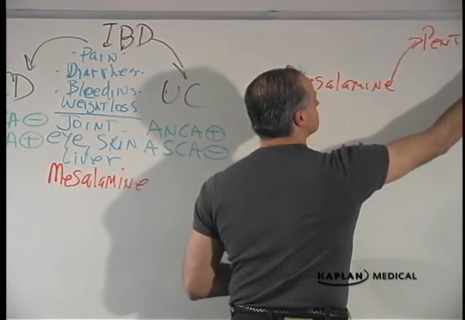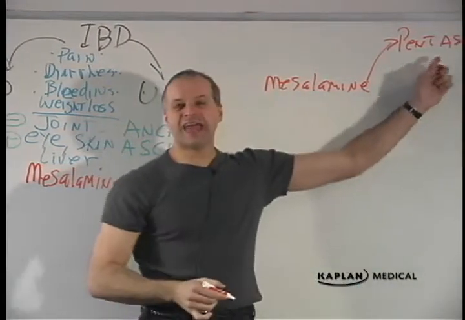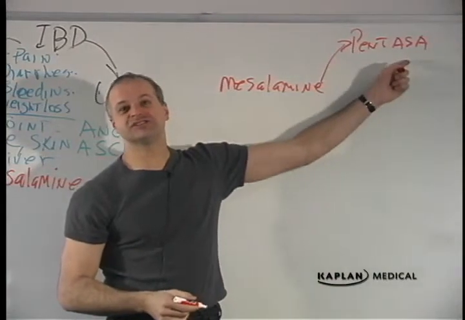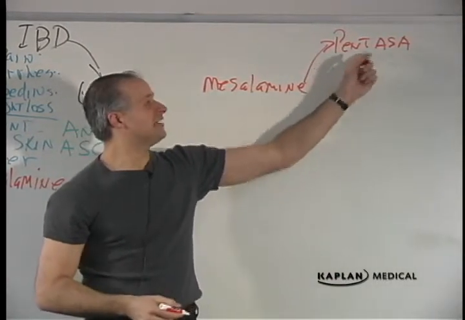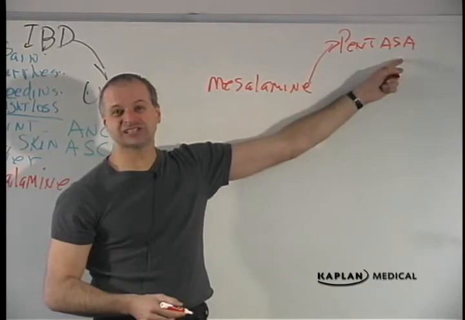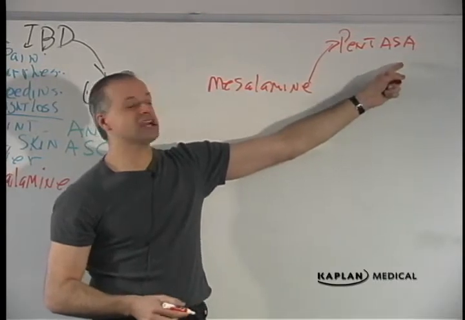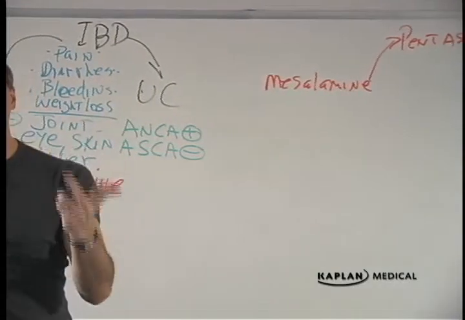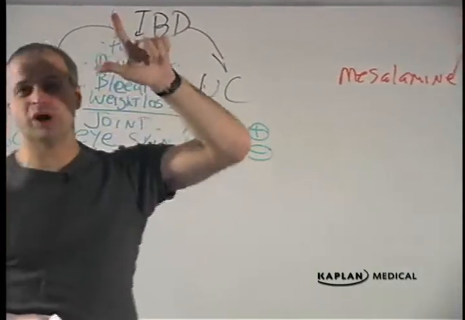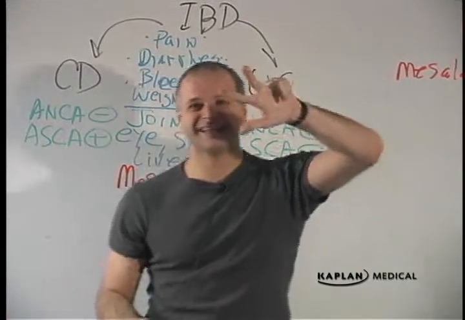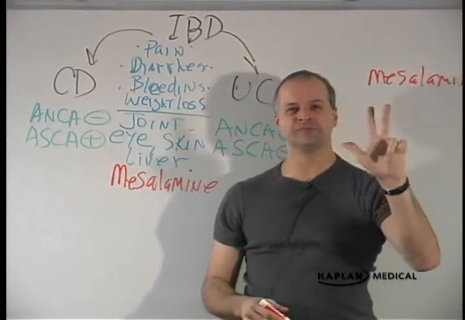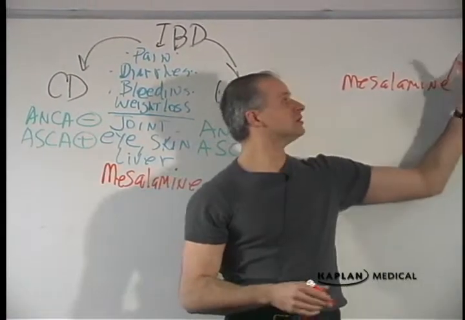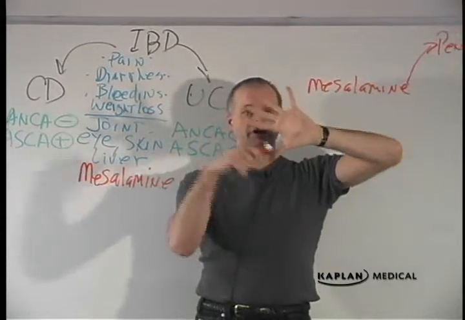Pentasa, you could say it's 5-ASA, 5-acetyl-salicylic acid derivative. Or you could say it works for all 5 parts of the bowel: stomach, duodenum, ileum, jejunum, and colon. Upper and lower.